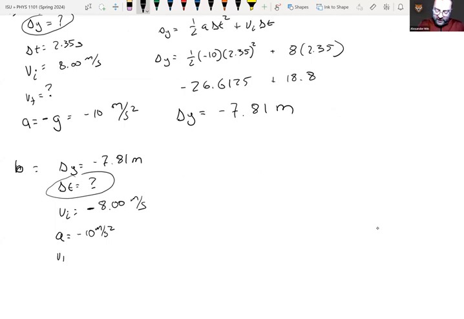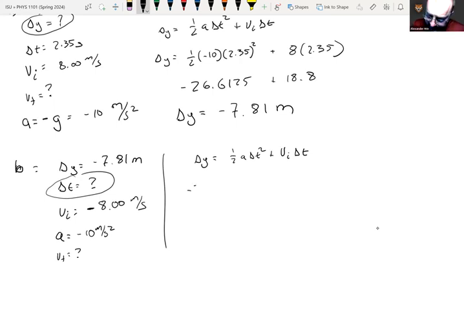Now, again, we don't know v final, but we're basically going to be using the same equation that we did before. Now, this can be a little bit frustrating because what we have here is delta y equals 1/2 a delta t squared plus v sub i delta t. And this ends up being a quadratic.